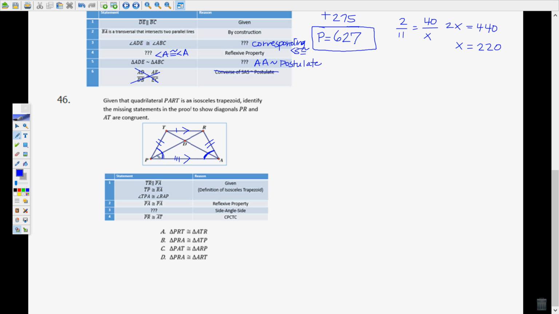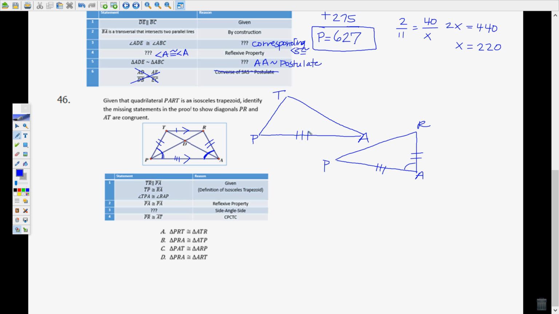So what we have here are two overlapping triangles. If you want to look with me, we've got this one, PRA. I can do this to show you. That's not very good, but this would be PRA. We've got this marked, and this marked. And then if I look at the other one, you can kind of take them out and look at them. Sometimes that helps you to see better.